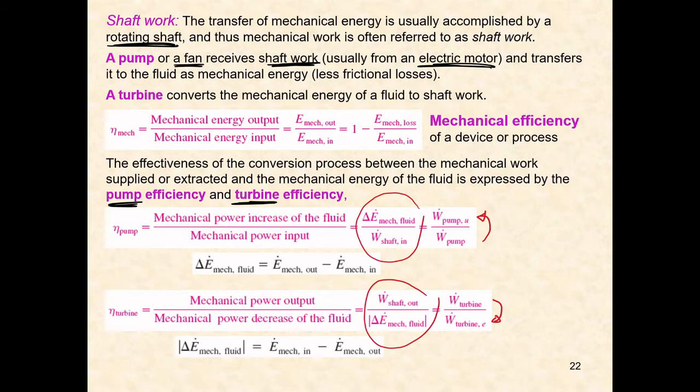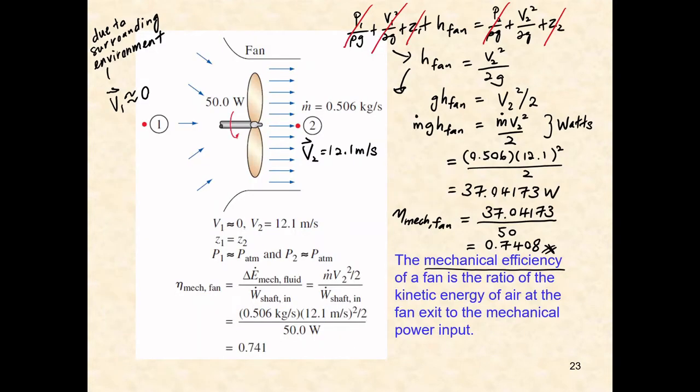So for a shaft or pump, there are different ways of calculation. After we understand the mechanical efficiency calculation, let us now use this understanding to actually calculate the mechanical efficiency based on an example. Here we have an example showing an energy provided by a fan.